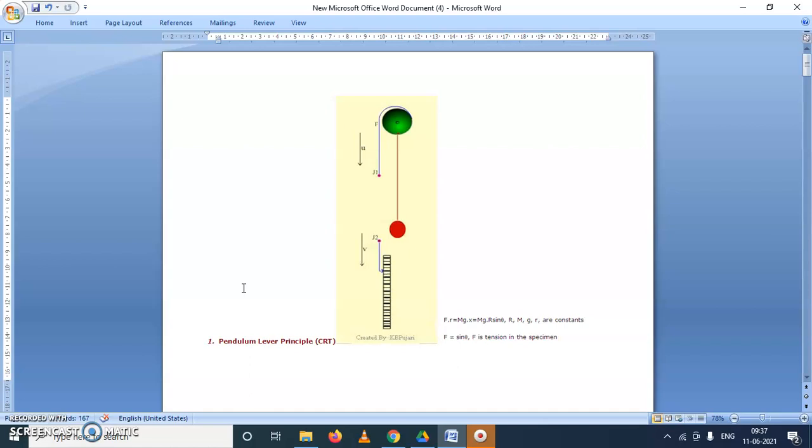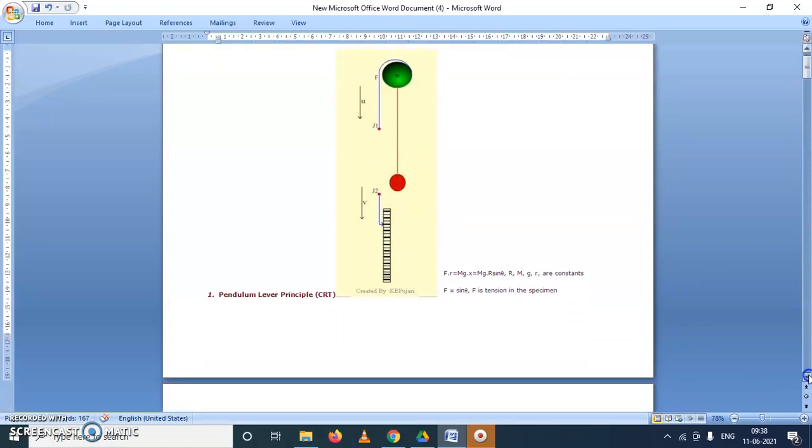So with the help of the law of moments, we can say that the force into perpendicular distance is fixed around the pivot point. If this O is the pivot point and this is the force developed in the specimen, and this mg is the weight of the pendulum, just see this diagram, it will be more clear.